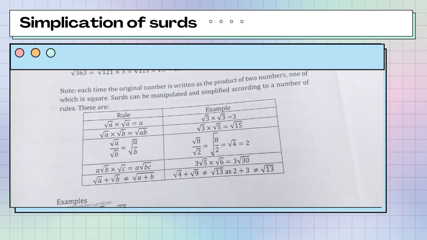Number 4, a times square root b times square root c equals a times square root of bc. Example, 3 times square root 5 times square root 6 equals 3 times square root 30.